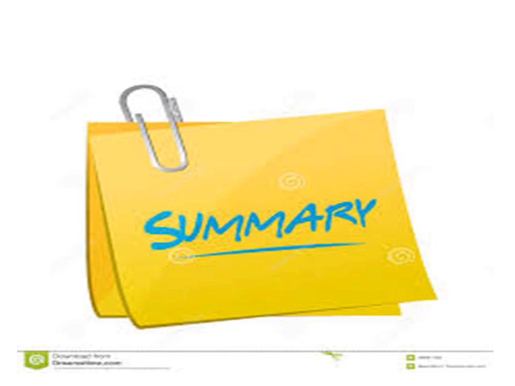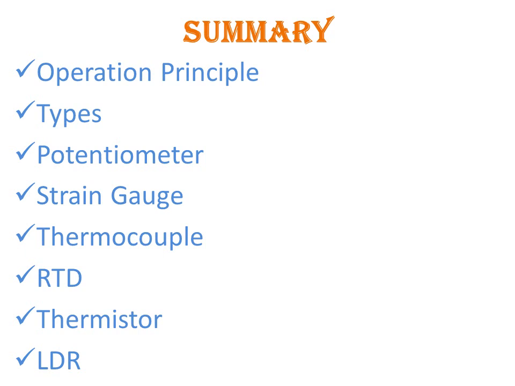So that's all about the different types of resistive transducers. Let us quickly summarize what we have seen in this section. First, we have seen what a resistive transducer is. In a resistive transducer, the resistance changes with respect to the physical phenomenon being measured.